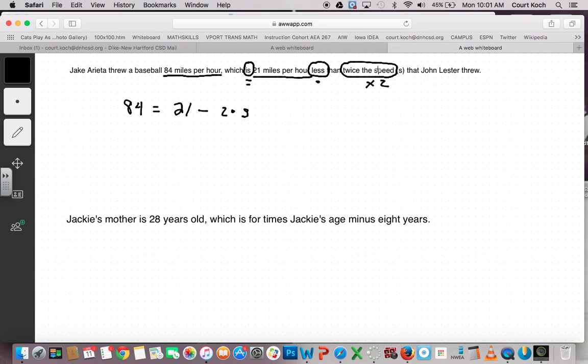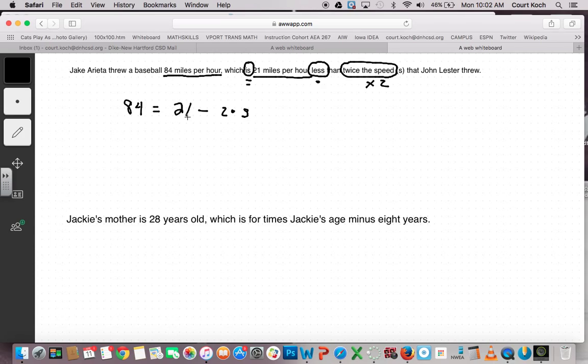Number sense says it's a speed. If I think about what I know about baseball, it's probably going to be somewhere close around the 84-mile range. Well, can I do 21 minus twice that speed? Well, 21 minus 84 is going to leave me with a negative number. Does that make sense, that a Major League Baseball pitcher is going to throw a baseball with a negative speed?